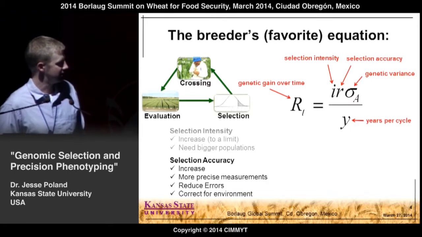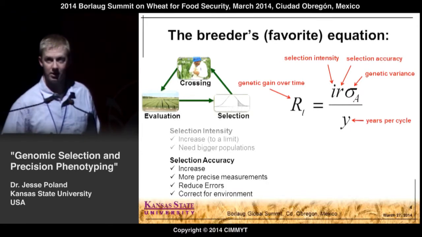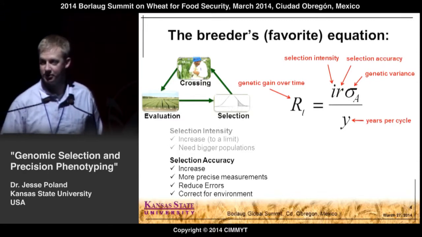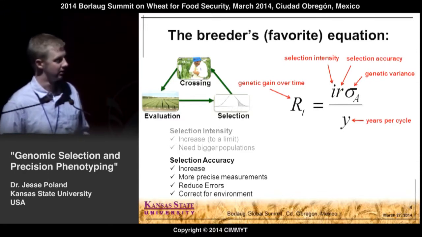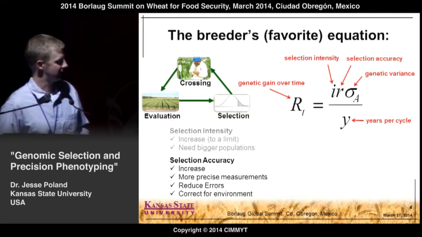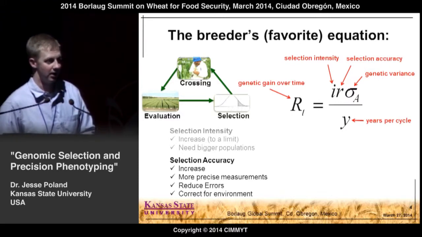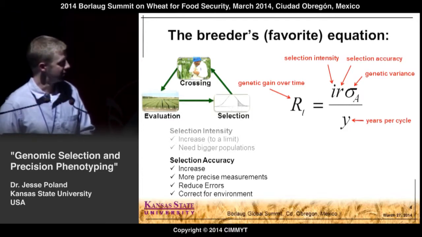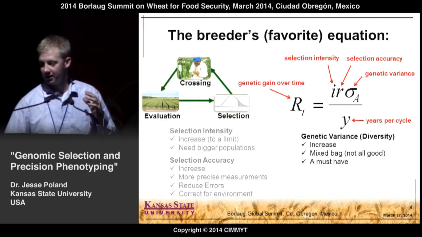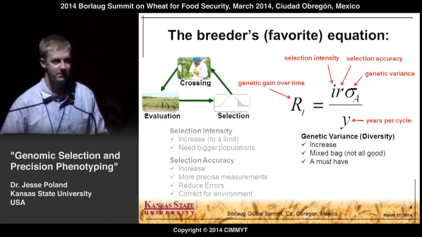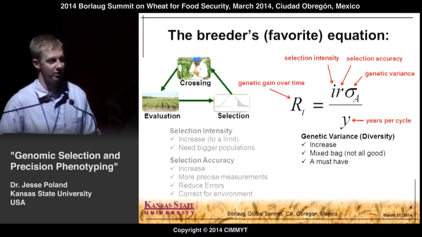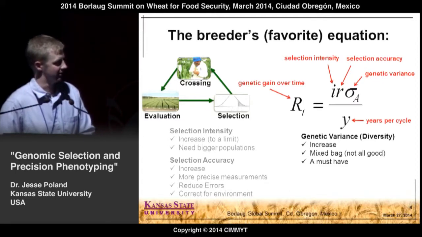Selection accuracy is how close you are selecting, based on phenotype or genomics, to the true breeding value. We want to increase that. You take out experimental error, you take out measurement error, and you can increase your accuracy. The genetic variance, Ian was talking really well on this. If there's no genetic differences in your population, there's not going to be anything to select on.